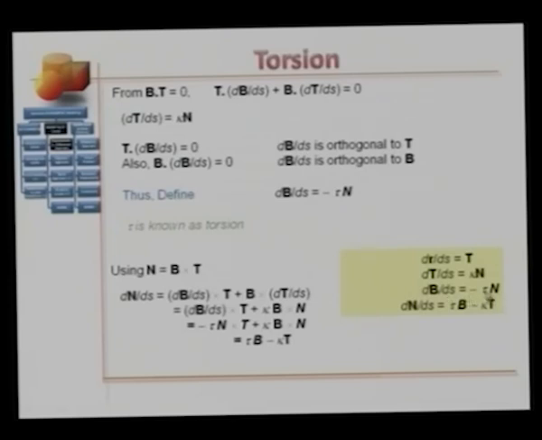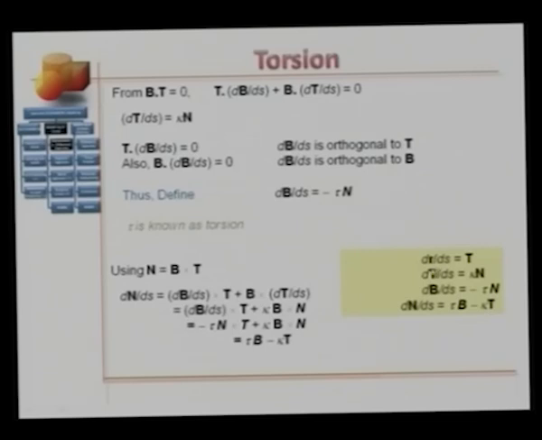The scalar tau is called the torsion. And dN by ds is tau times the binormal minus kappa times the unit tangent.